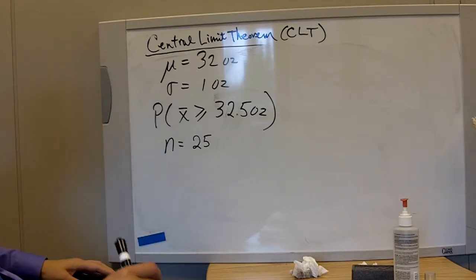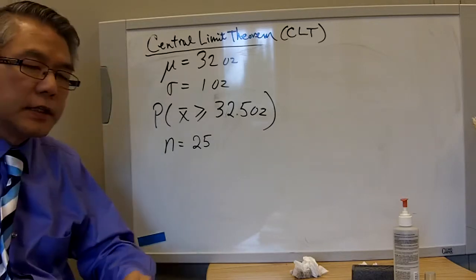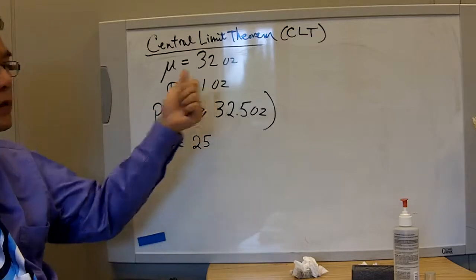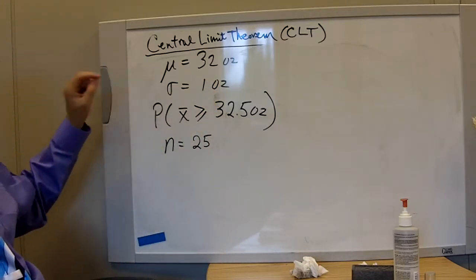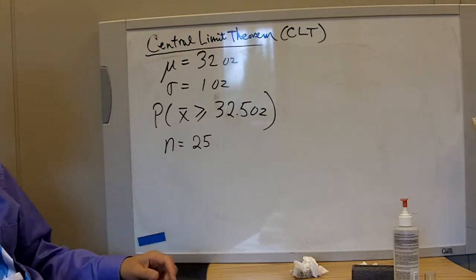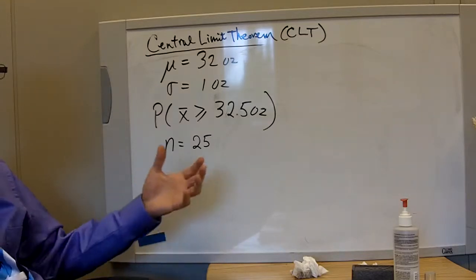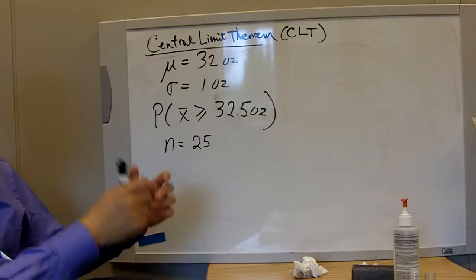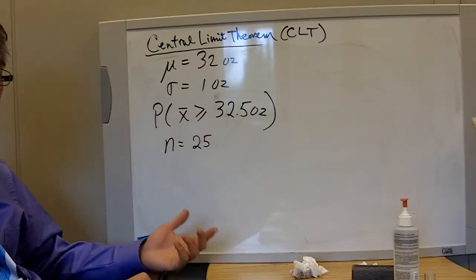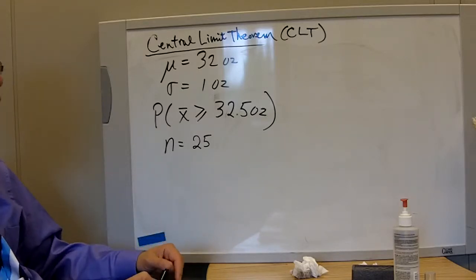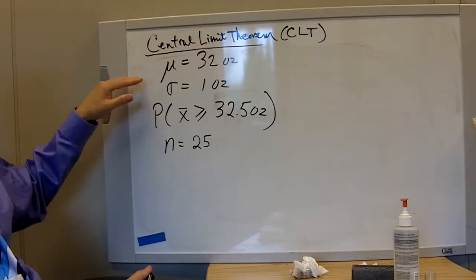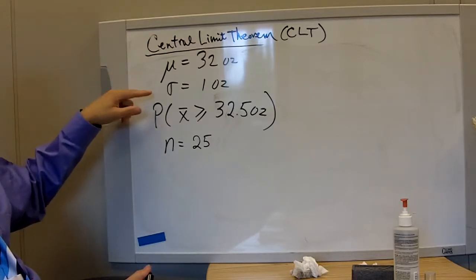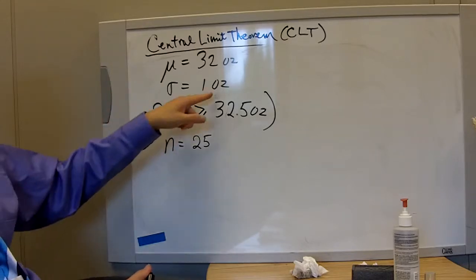In this case, let's say we're looking at soda bottles, 32 ounces bottles, and the target mean average is 32 ounces. Basically, it's 32 ounces bottles of soda, and you don't want to overfill it, neither do you want to underfill it. But there's going to be some discrepancy, and per the specification, we have a standard deviation of 1 ounce.